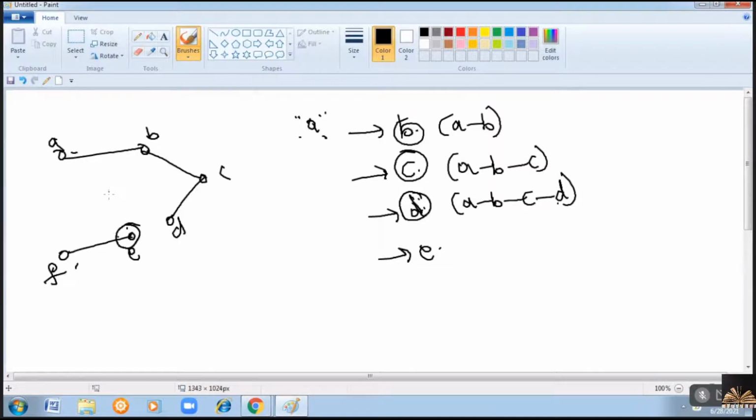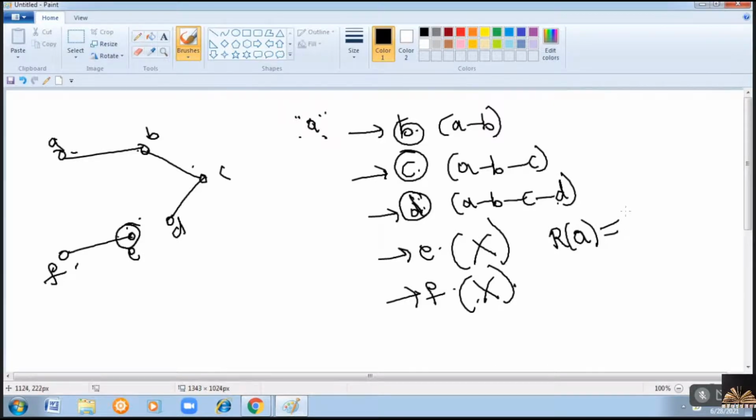You cannot. You can reach D, but from D you don't have any edge to E. From B also you don't have it. From C also you don't have it. So you cannot reach E from A. Can I reach F from A? No, you cannot. So what is the reachable set of A? B, C, D. Clear?